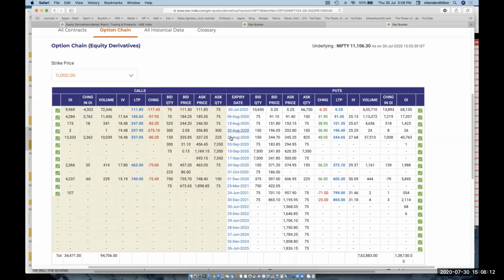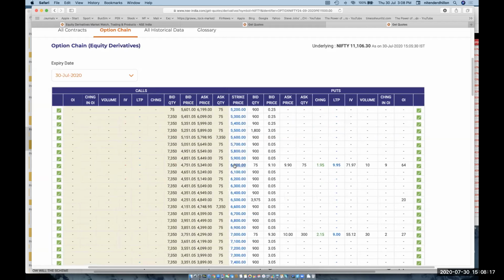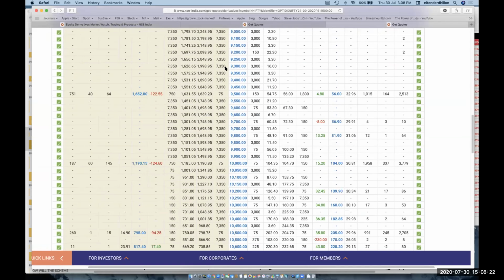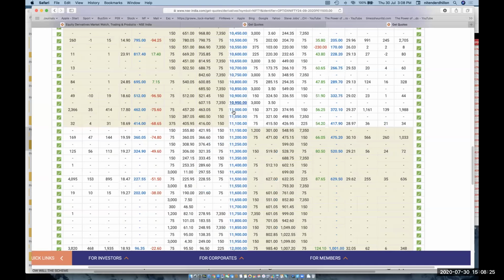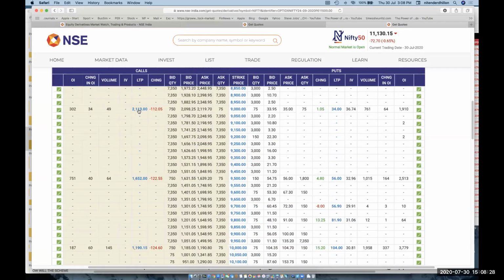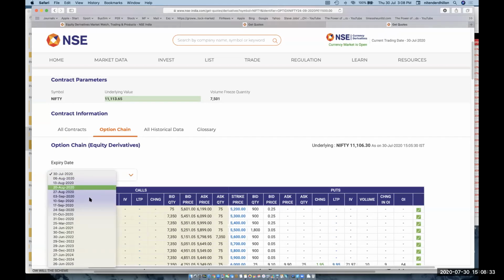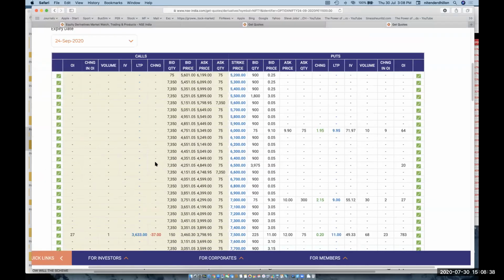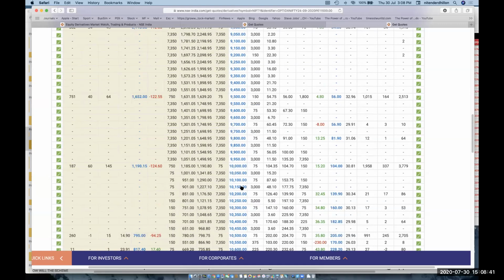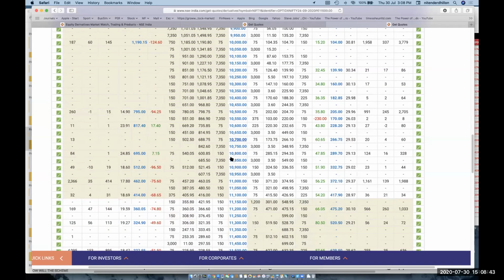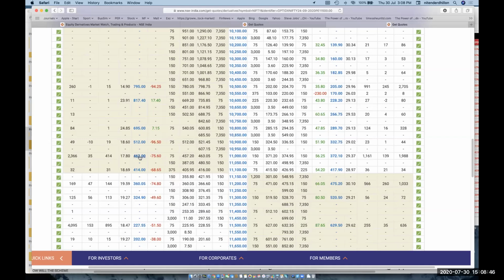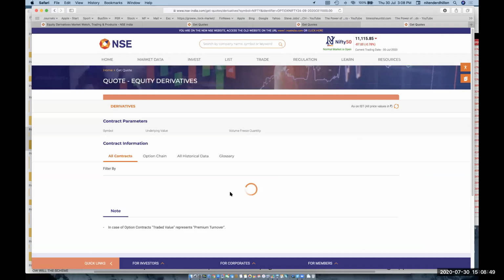Okay, and we are looking at a 24th September maturity, so I'm clicking on 24th of September. So 11,000 is the strike price, and the price of a call option like this is 462.